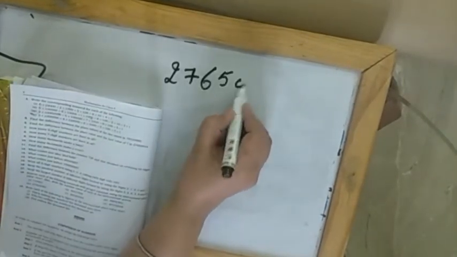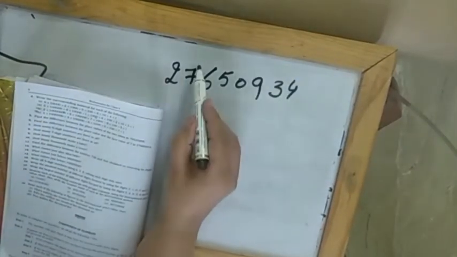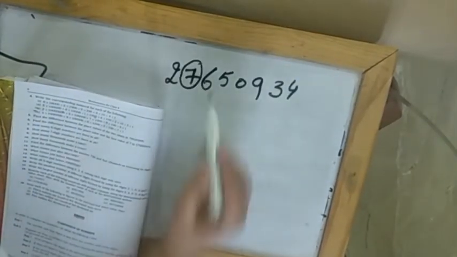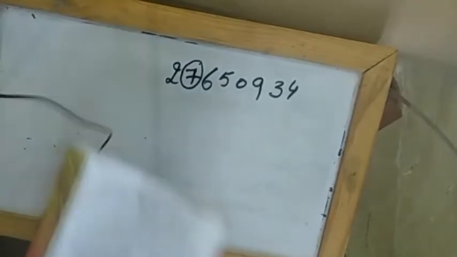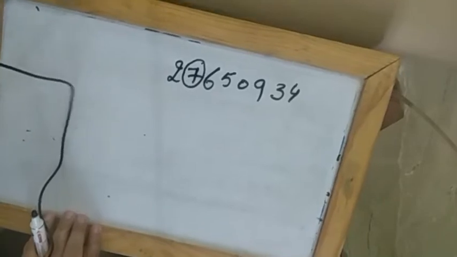Now I'll come to the sixth question. What does the sixth question say? Find the difference. Again I have to find the difference, which means to subtract, between the place value and the face value of 7 in the number 27650934. Place value, you have understood what is place value.